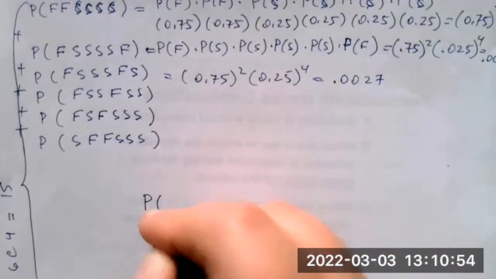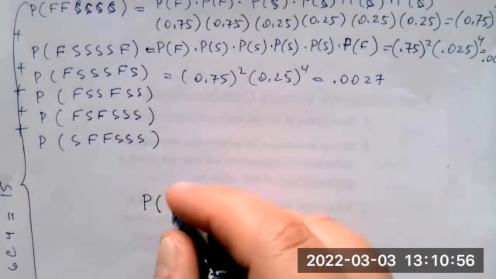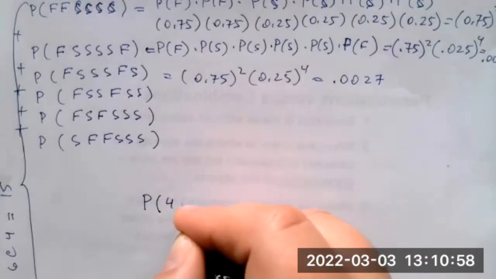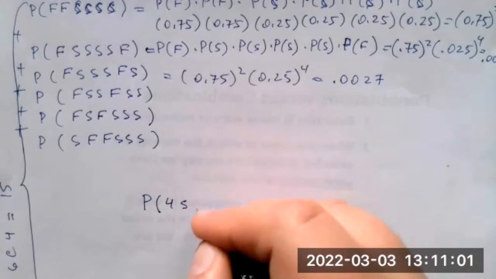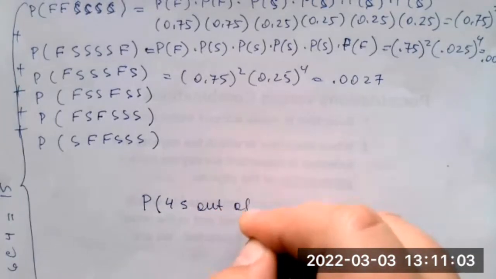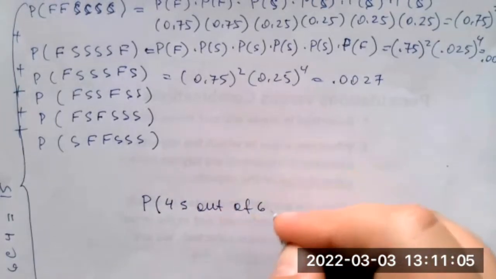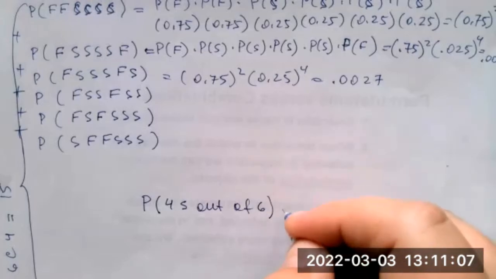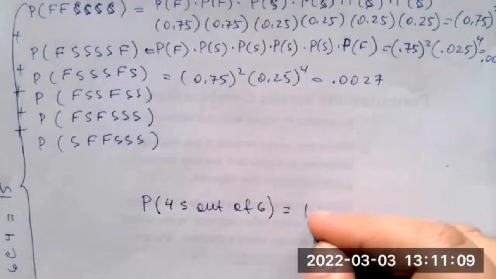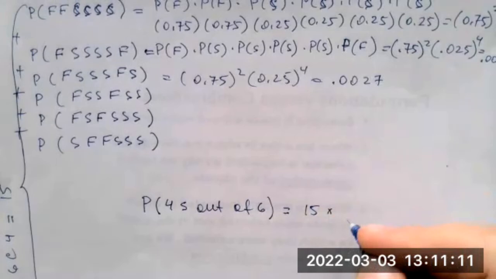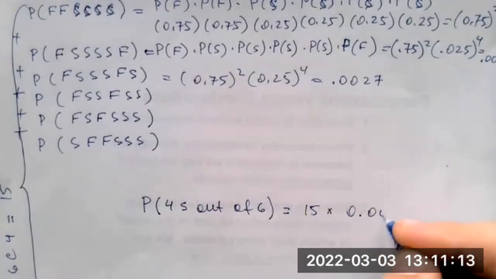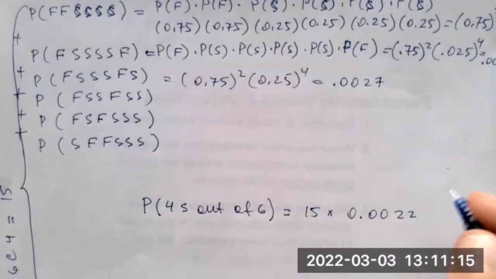So the probability of 4 successes out of 6 total guesses is going to look like this. We're going to have 15 multiplied by 0.0022.